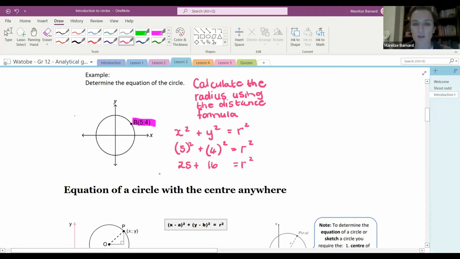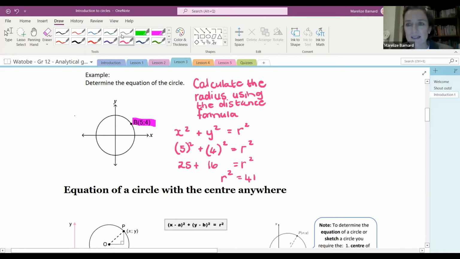And what do we get r squared equal to? What is 25 plus 16? We get 41. So the radius squared for this circle is going to be 41.